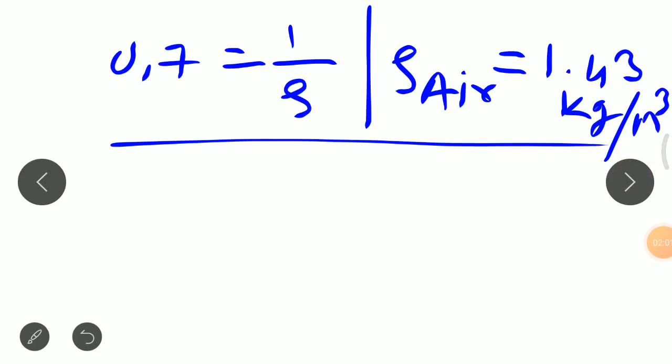This is our first quantity. Simply you have to cross multiply this quantity, and 1 upon 0.7 is equal to 1.43.